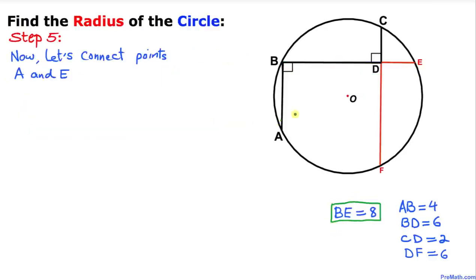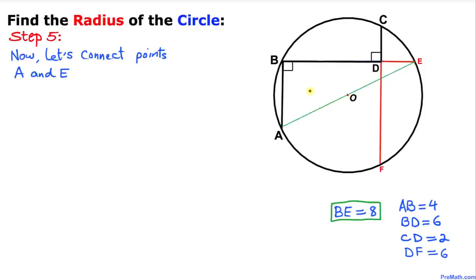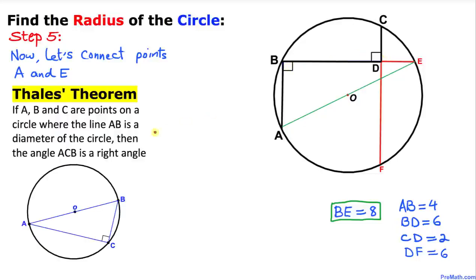And here's our next step. Let's connect point A and E. Let's do this one over here. And here is our much nicer looking graph, and we can see that we got a right triangle ABE. Now let's recall Thales' theorem.